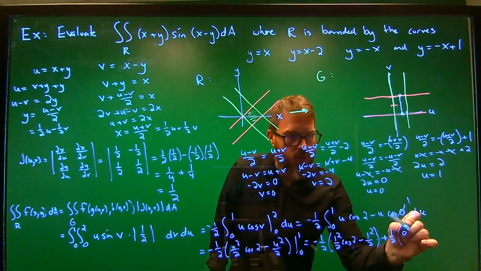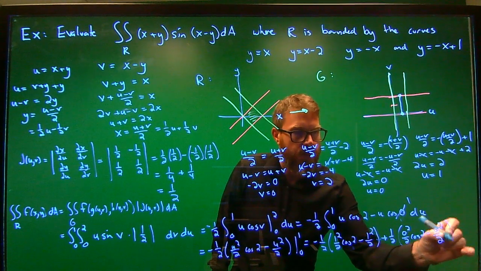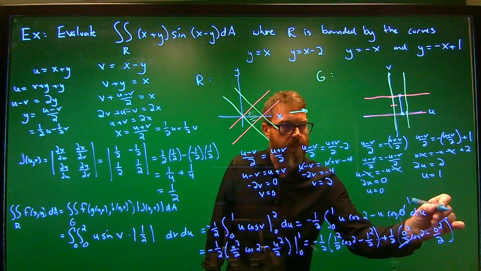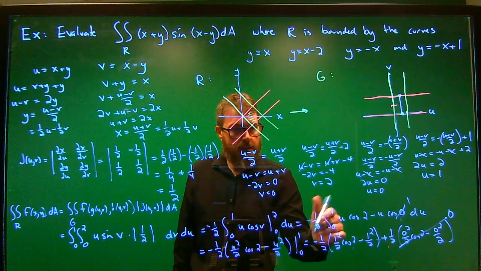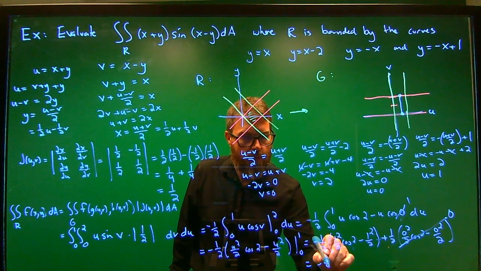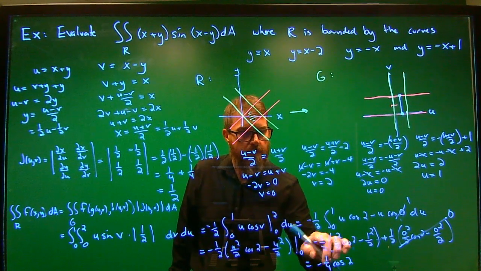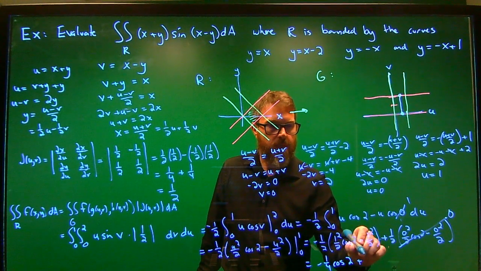So 0 squared over 2 cosine 2 minus 0 squared over 2. And we can see that that second half is going to annihilate. So what we're going to get here is negative 1/2 times 1/2 is going to be minus 1/4 cosine of 2. Minus a half times minus a half is going to be plus 1/4.